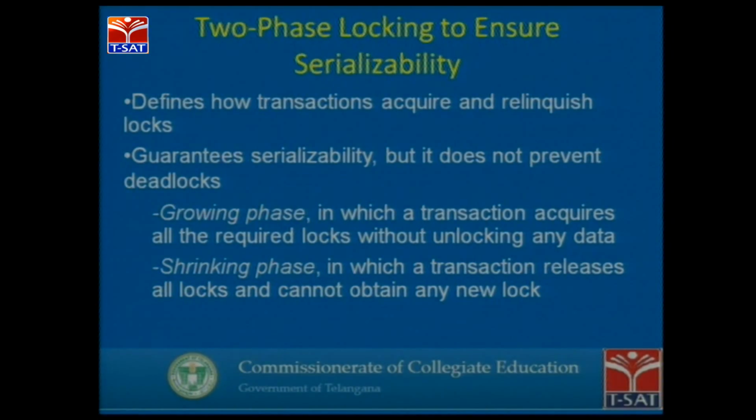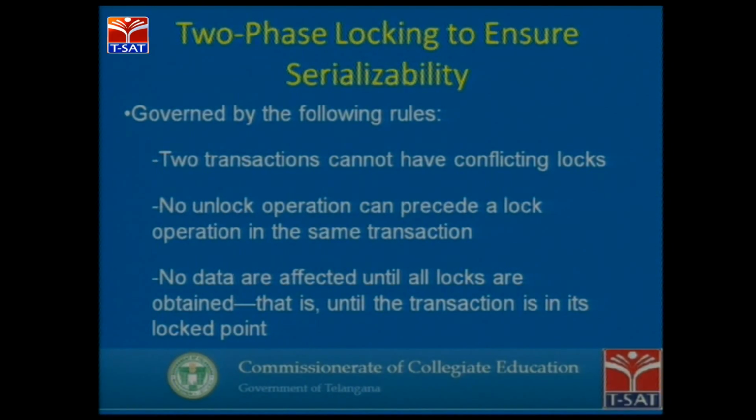And the shrinking phase is exactly opposite to that of the growing phase. No new locks will be applied, and all the locked items will be released. So the growing and shrinking phases work in opposite directions and create the easiest environment to avoid conflict between transactions.